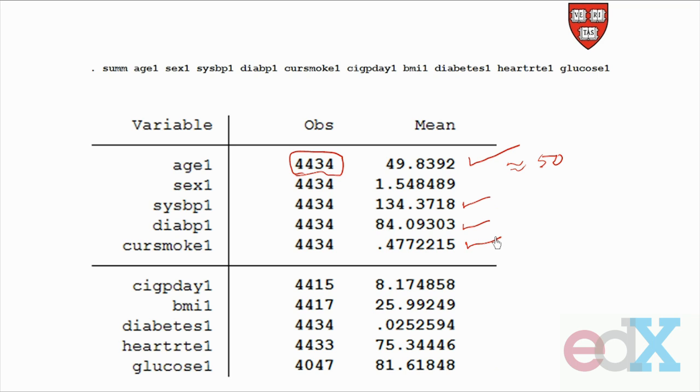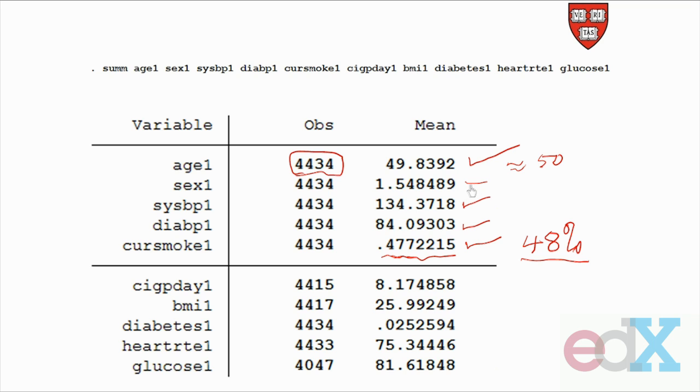Current smokers, now here current smokers, yes or no, was a 0-1 variable. So this tells us that roughly 48% of the people in the study had the value 1. The other 52% had the value 0. So if 1 means smoker, that means that there were 48% smokers.